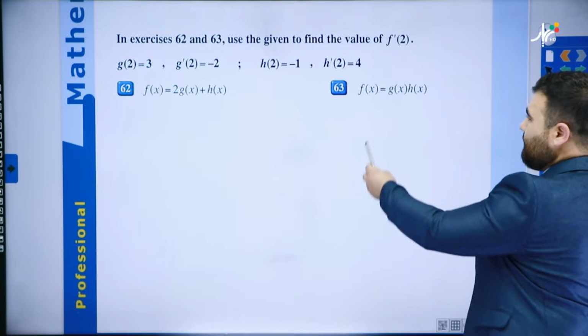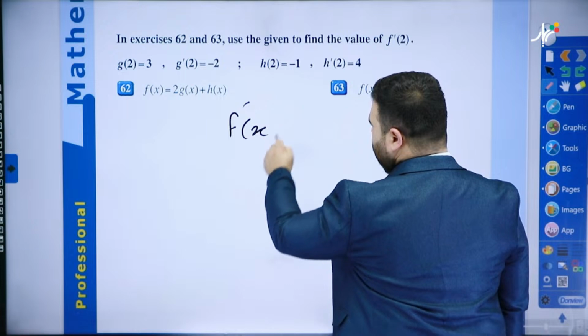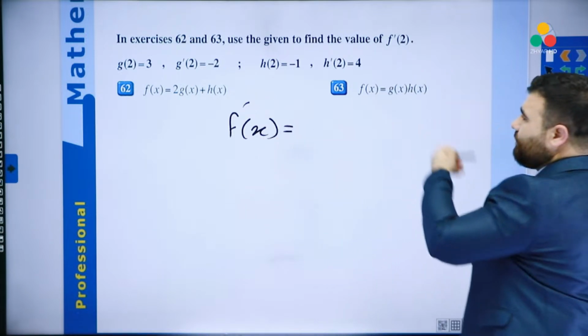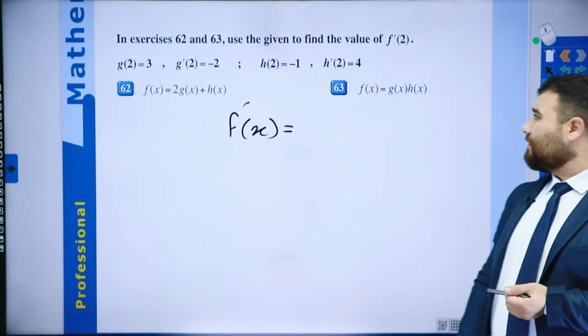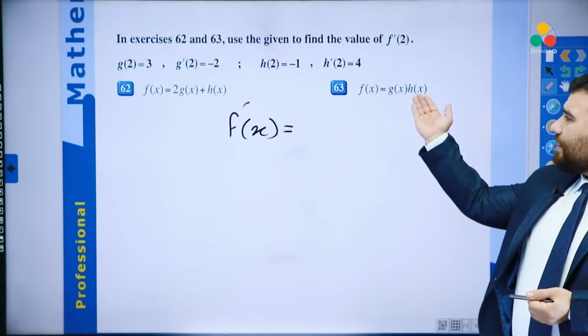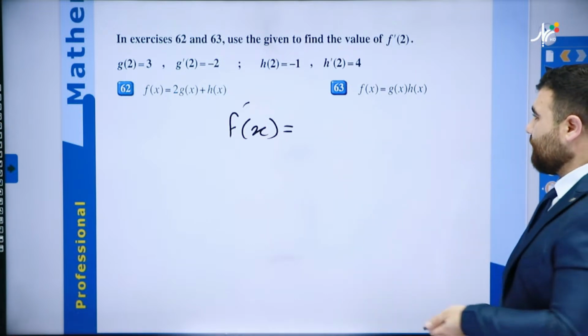Let's do it. This time, if I want to find f prime of x, the derivative of f, what's the relation between f and g? The relation between h and g is multiplication. So I need to use the product rule.